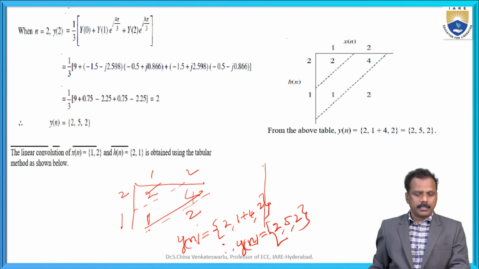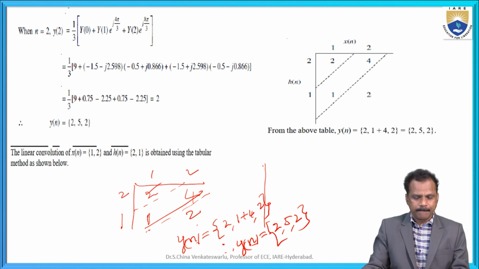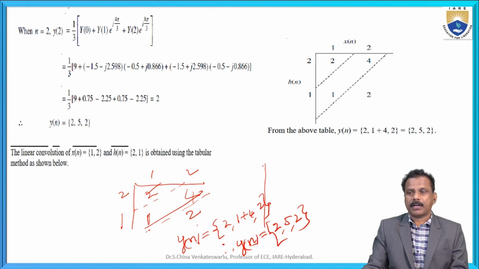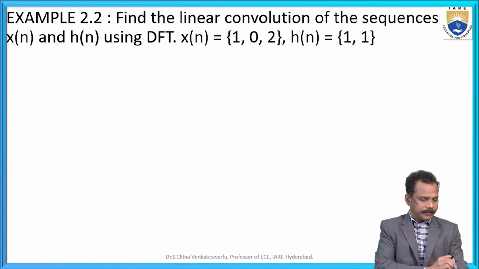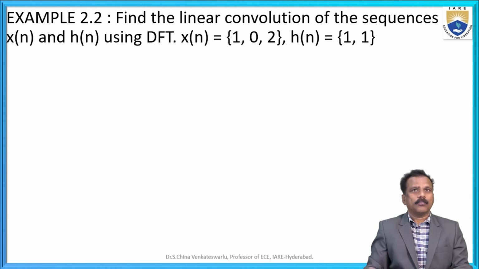Since we can consider this, the linear convolution of x of n is 1, 2, using the tabulation, 2, 5, 2. Like this, verifying this, the linear convolution of the sequence is verified.